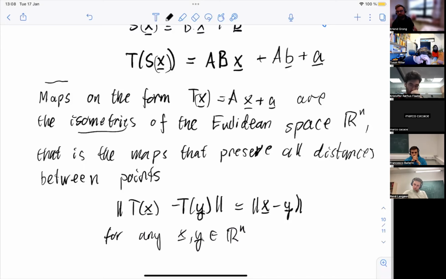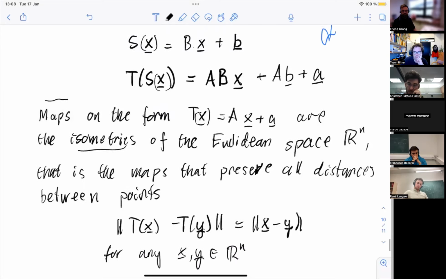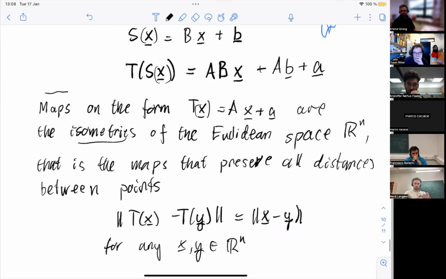And that is why it's called the Euclidean group, because it's exactly the group of maps that allows you to move around the Euclidean plane, or the Euclidean space in general, without changing any of the distances.